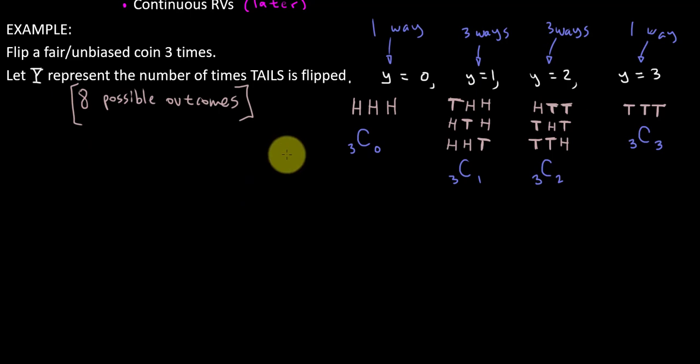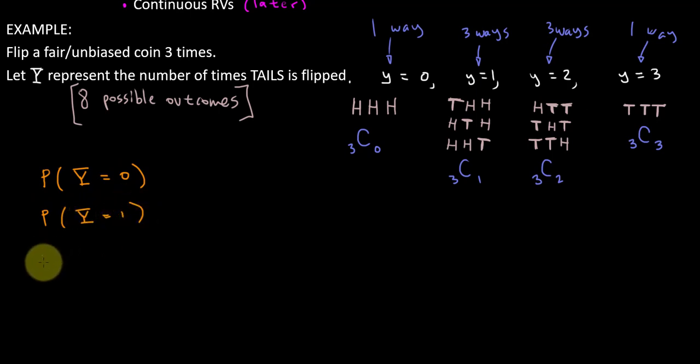Let's discuss the probability of those 8 outcomes. We can discuss the probability that capital Y equals 0, the probability that capital Y equals 1, probability that capital Y equals 2, and 3.